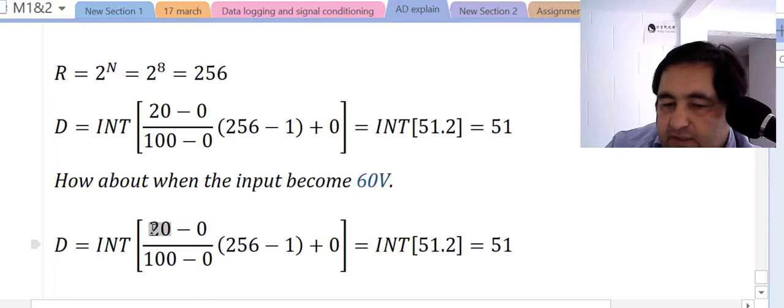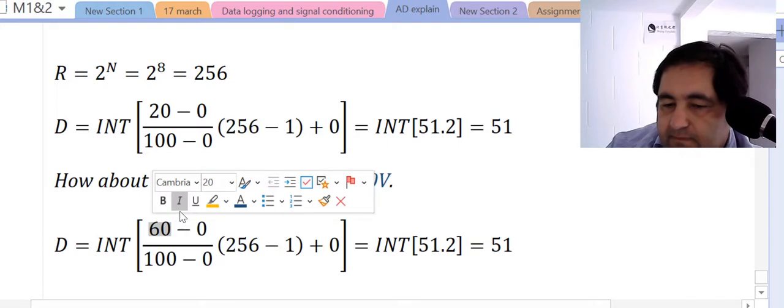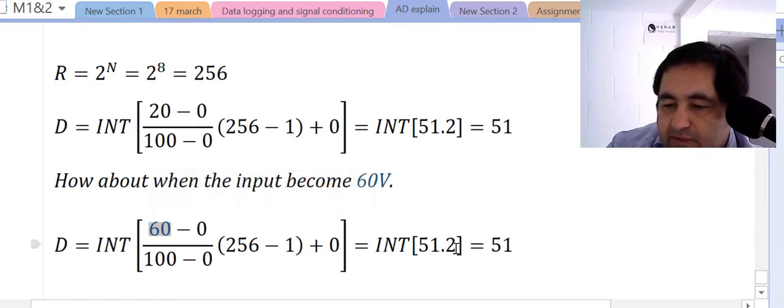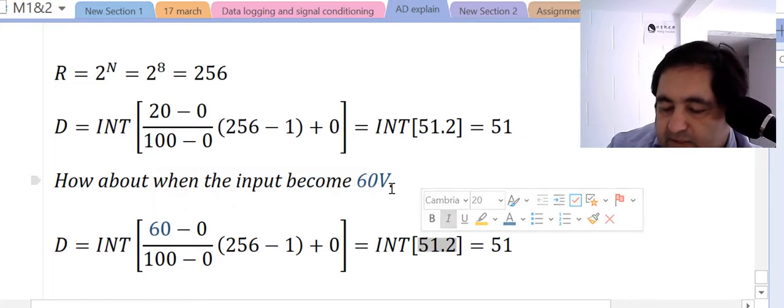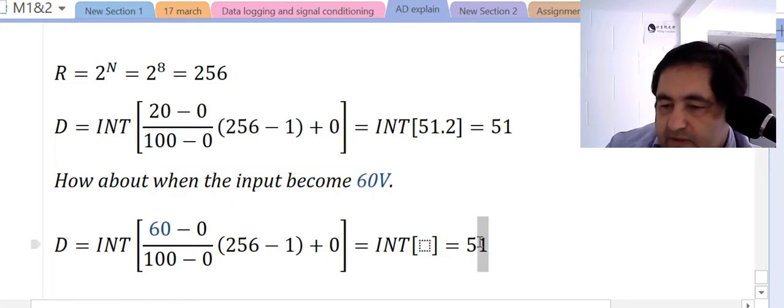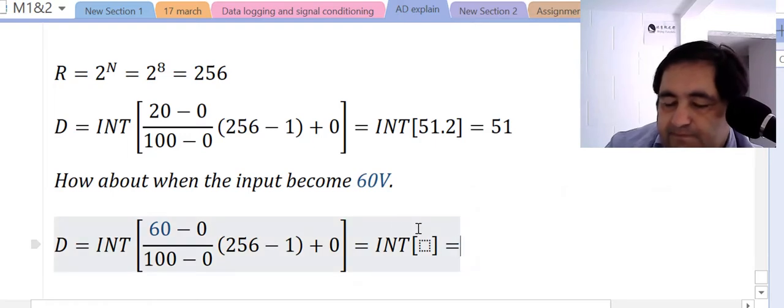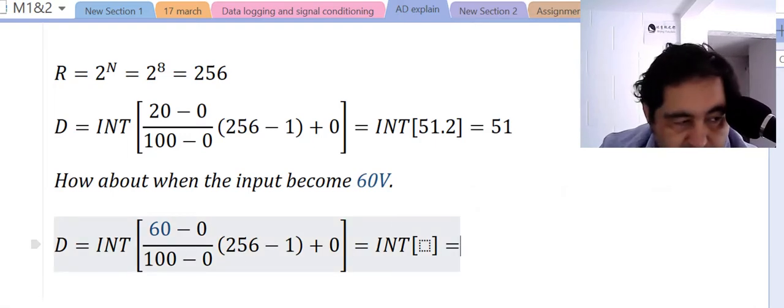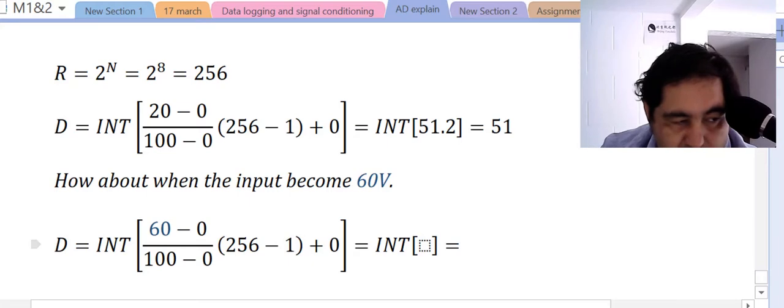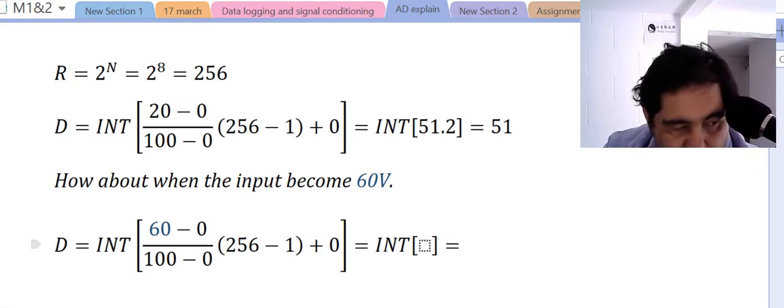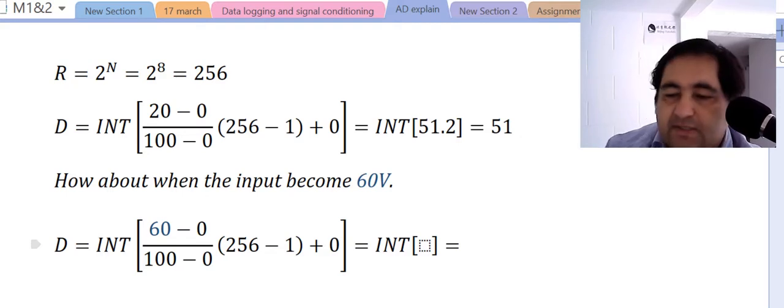Instead of 20 I have 60. So 60 minus 0, times 255 here, and then it's going to be 153.6.